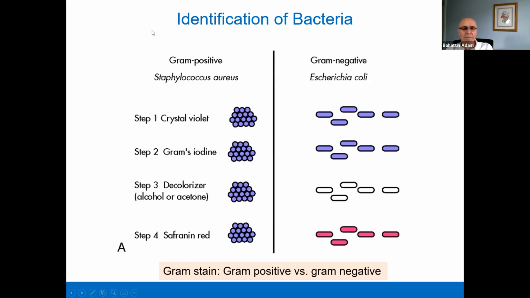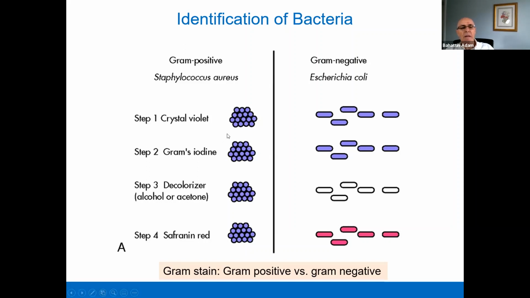Now, as you see, there are 4 steps. In the first step, you put crystal violet as a stain on the sample, and then let it stain.